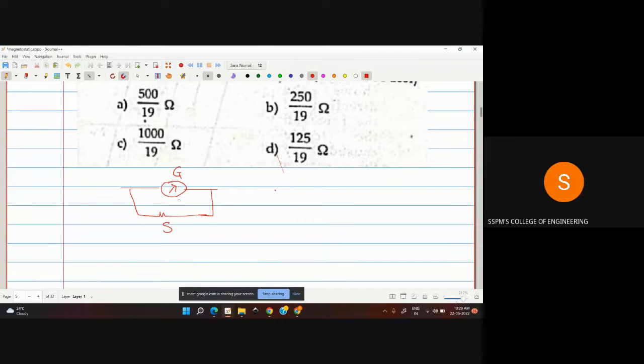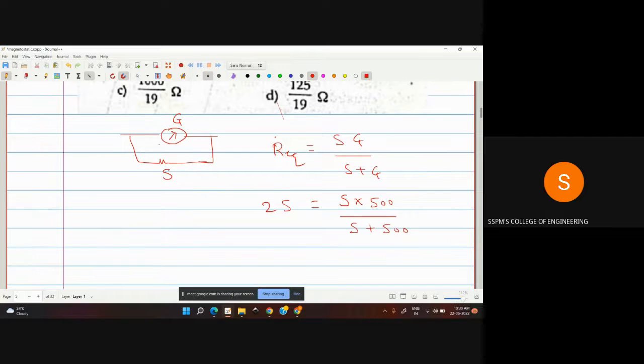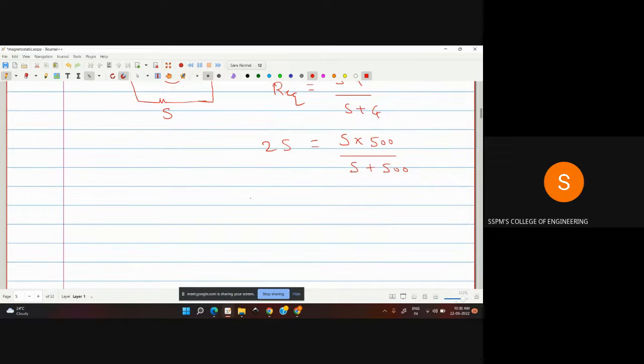For a parallel combination of two resistances, the equivalent resistance is equal to S into G divided by S plus G, and the equivalent resistance is 25 ohm. So 25 is equal to S into 500 divided by S plus 500, where S is unknown and G is given. Now solve this equation for S.